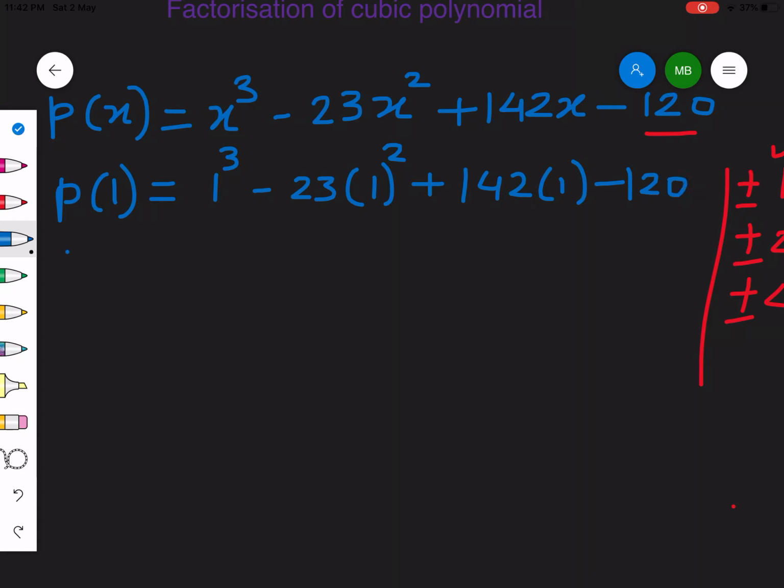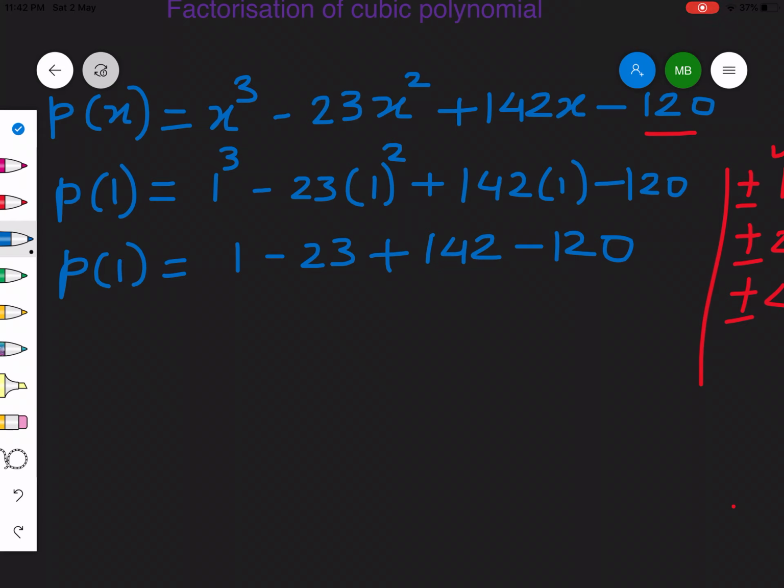If we simplify this, what will we get? We'll get 1 minus 23 plus 142 minus 120. Now if you just have a look at 142 and 1, this will become plus 143, and if you look at these two, what will it become?